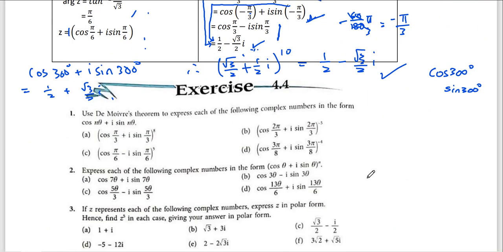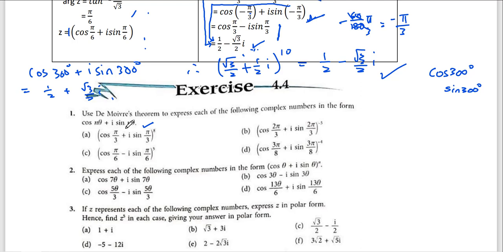Then next, we look at: use De Moivre's theorem to express each of the following complex numbers in the form. Okay, you see or not? They ask you to express in this form, so make sure you must write in this, which is called polar form.